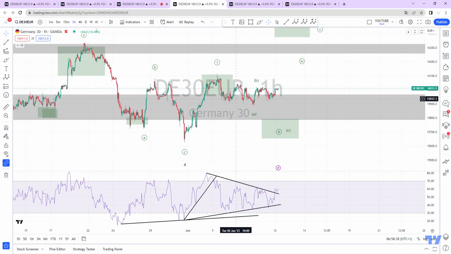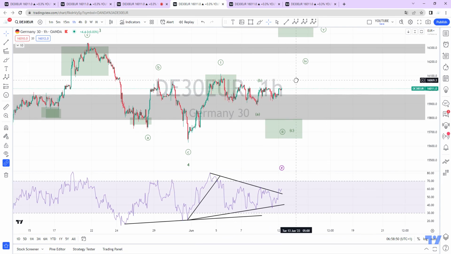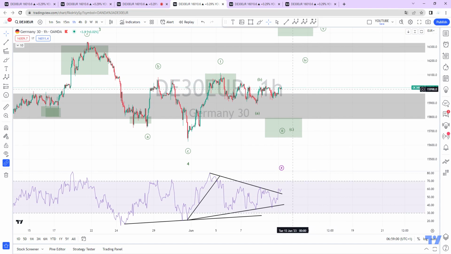Yeah, last week we didn't move at all. We were just sitting here in this range, doing nothing. Tomorrow and Wednesday we have some important economic events. So maybe today also nothing will happen.